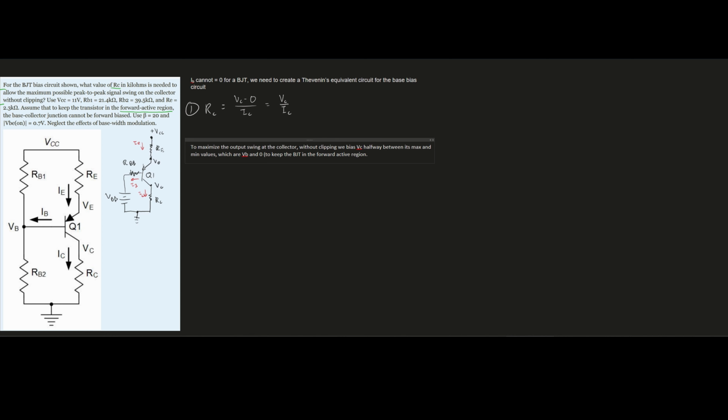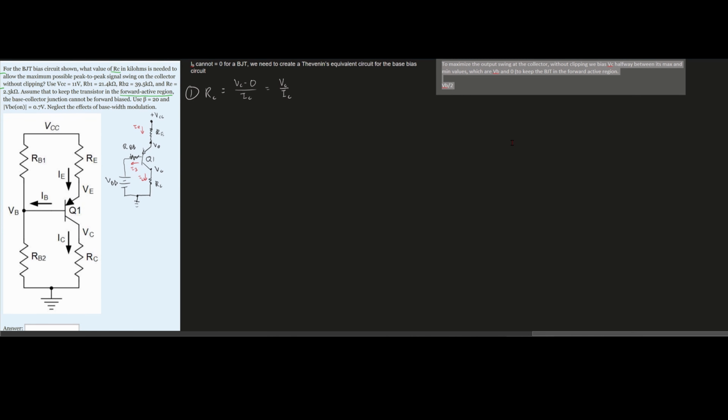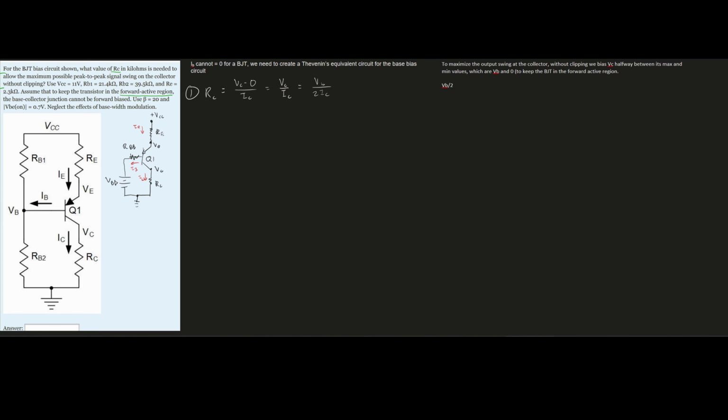So the way we would solve this is we would just take our VB and divide it by 2. That way we get half of this. So I'm also going to put this here as well, and we can keep that in mind. So we can rewrite this as our VB over 2 times our IC. But now, of course, we want to solve for our IC.